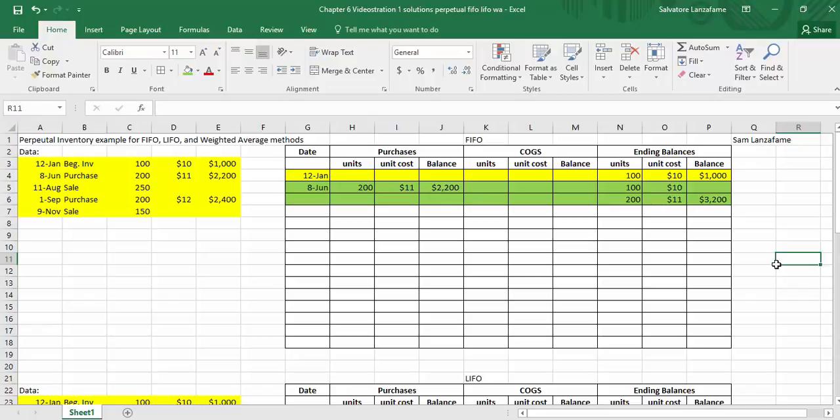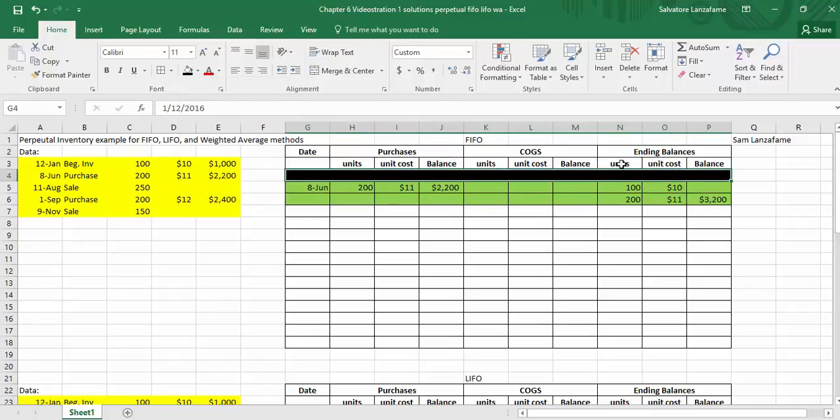Pretend you can't see January 12th. Imagine I put a piece of paper over all the dates but June 8th. I need to be able to see on June 8th exactly what's in inventory. I don't want to have to rely on going back to previous dates. On June 8th, this is the snapshot of what my inventory consists of.